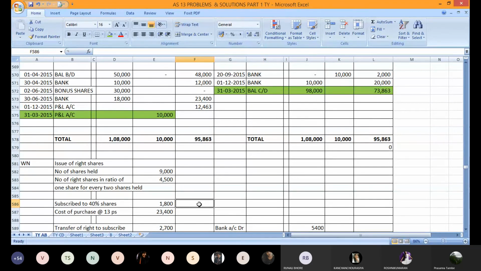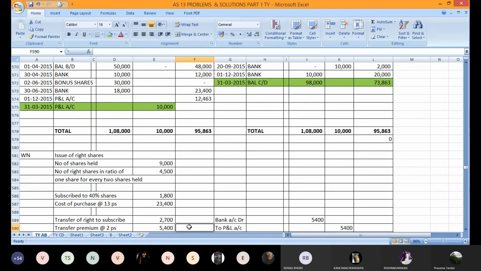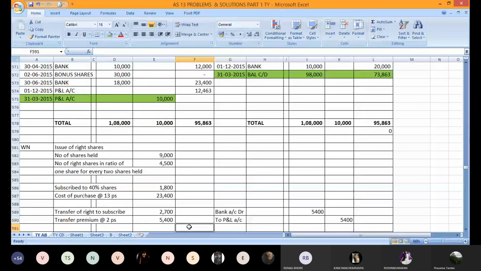And while doing so, you don't do this as a charity. So you charge some premium in the process. And in this case, he got a premium of 2 rupees per share. So when he transferred his benefit to somebody else, he of course received some money for that. That benefit was 2 rupees per share, so that amounted to 5,400 rupees.